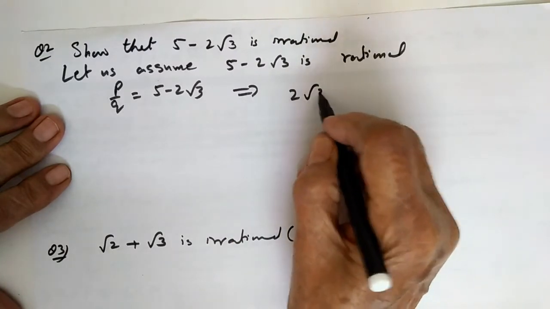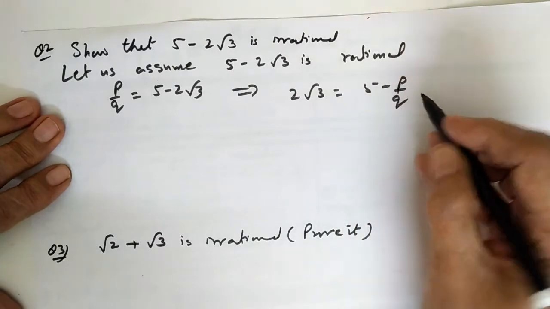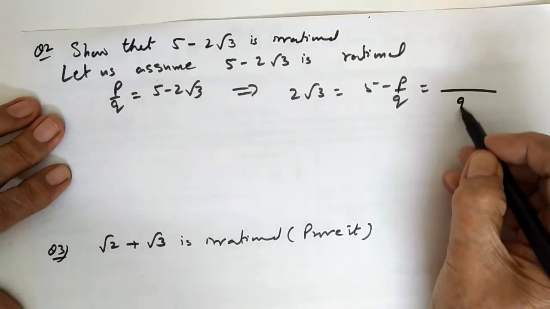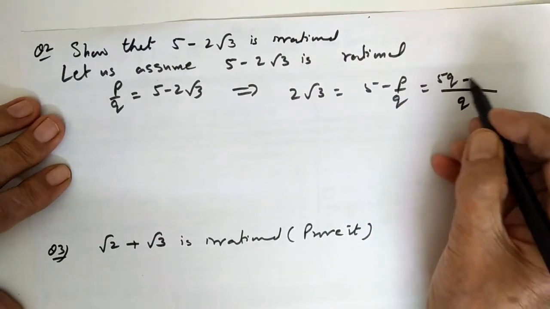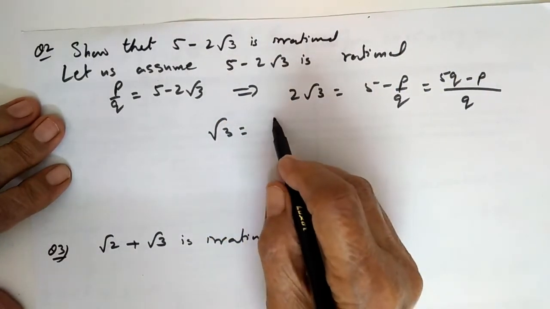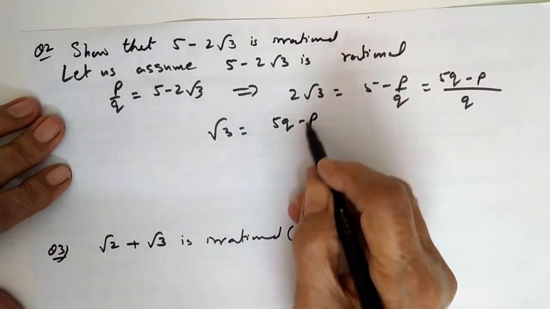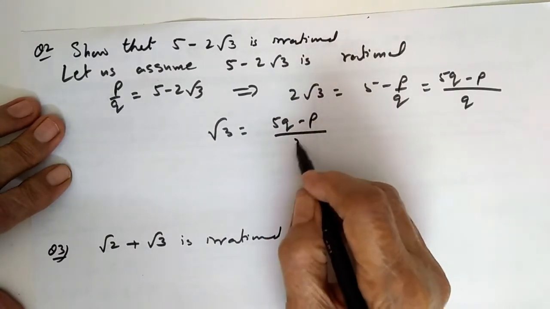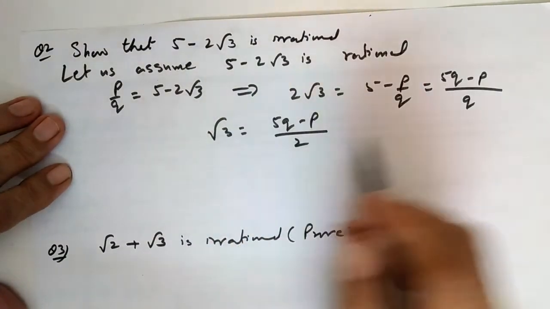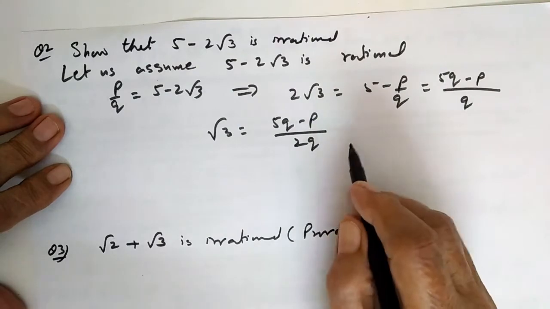You will get 2 root 3 is equal to 5 minus P upon Q, which is equal to 5Q minus P upon Q, and root 3 is equal to 5Q minus P upon 2Q. ये q था तो वो ये 2 इधर डिनोमिनेटर में आ गया.